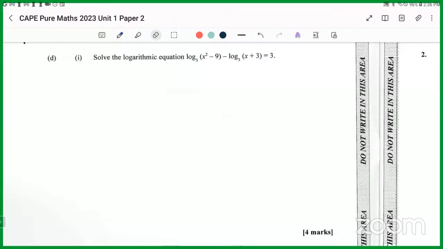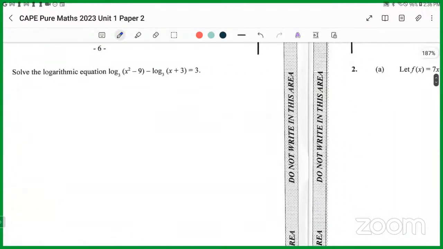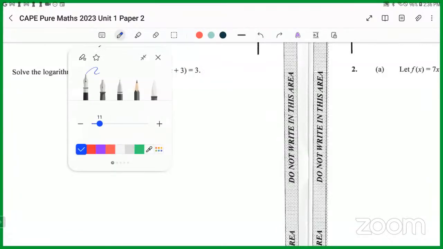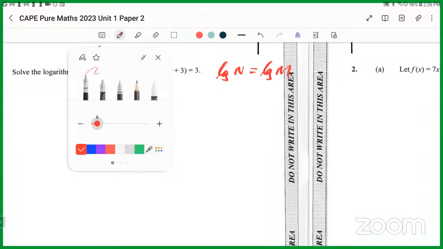this equation. And remember, when you have a logs equation to solve, your aim is to bring this equation down to one of two forms. Either you want to bring it down to a form where the log of one number equals the log of some other number, and they are at the same base.